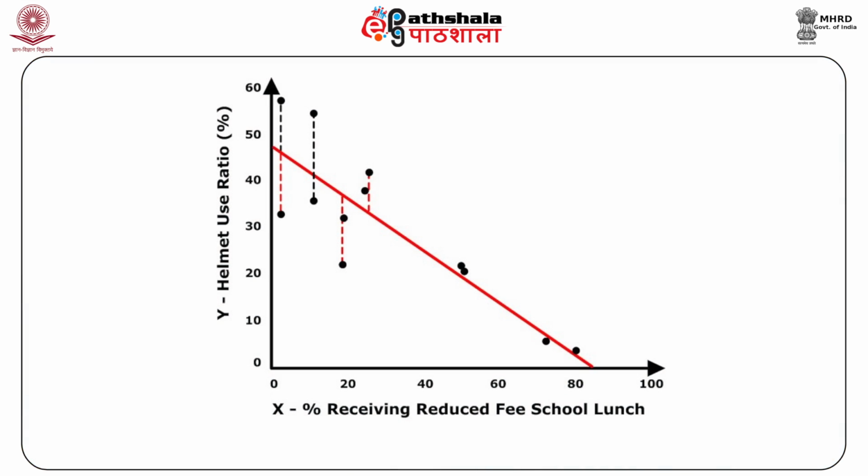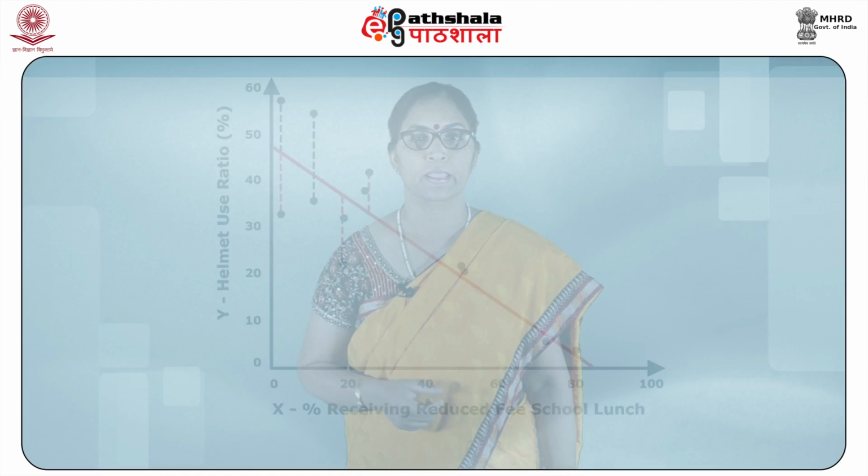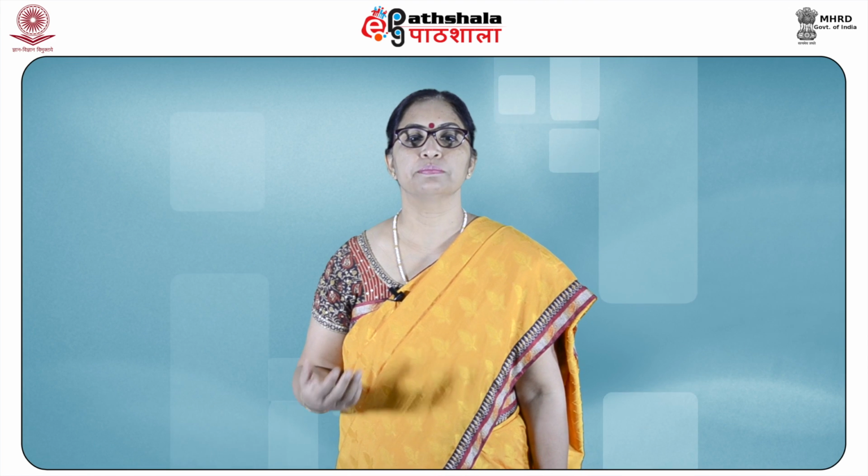The random scatter around the line is recognized as the distance of each point from the predicted line, and these distances are referred to as the residuals. One can see this in the figure. One's aim now is to identify the line that minimizes the sum of squared residuals, which is called the least square line.